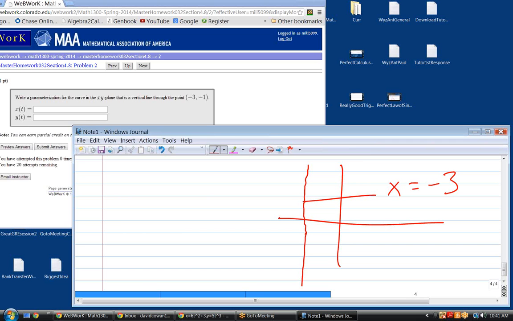I don't even have an example of this. This actually doesn't look like a calculus problem here.